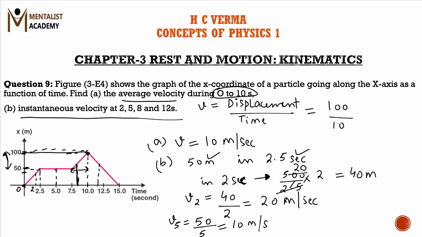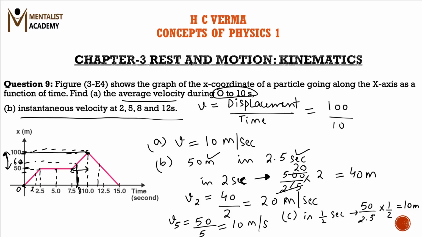So therefore, in half second, because we have to find at 8, the particle would move 10 meters. So therefore, the position of the particle at 8 would be 60, because it has moved 10 meters.